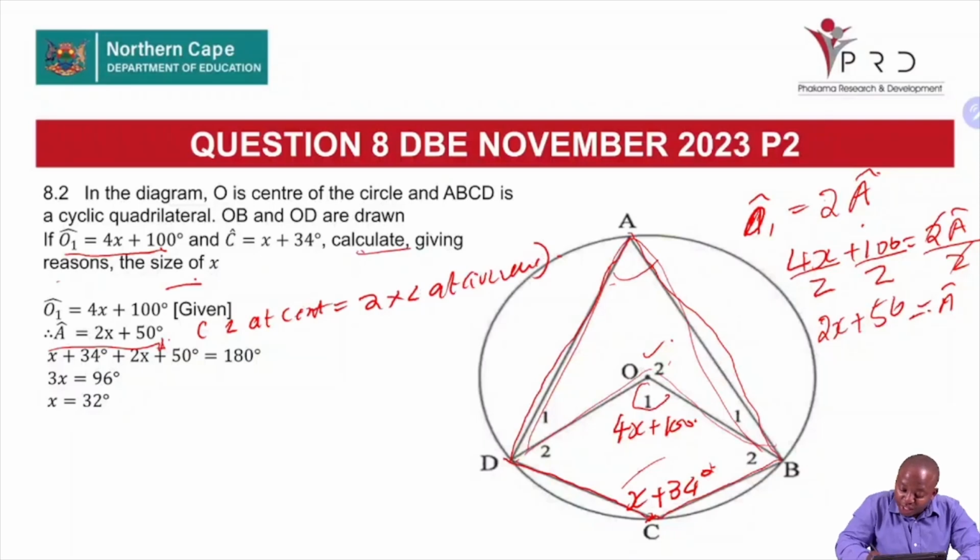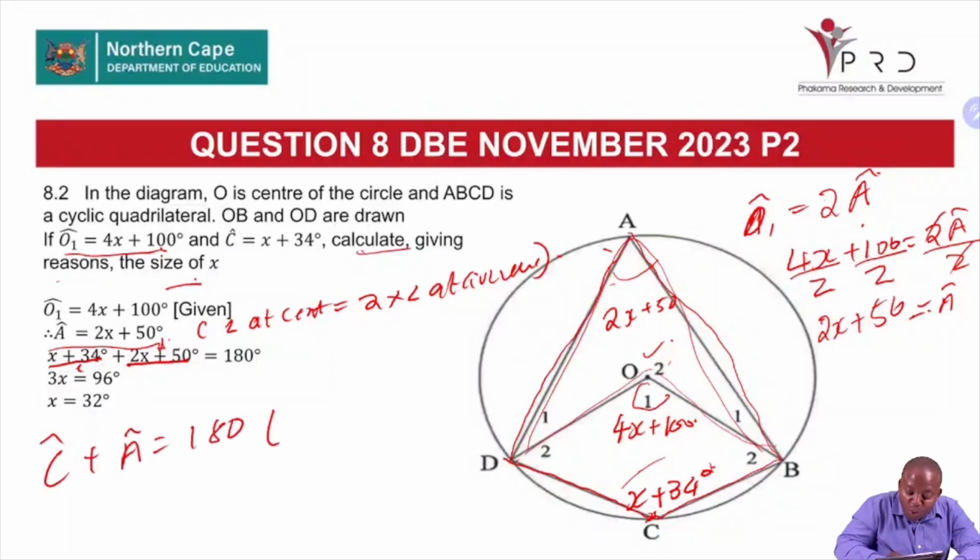Then we can now say, okay, angle A is 2x plus 50. So what do we now do? We add A plus C: angle C plus angle A equals 180. What is the reason for that? This is the step I skipped there.